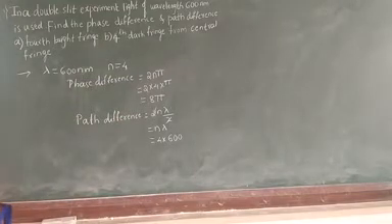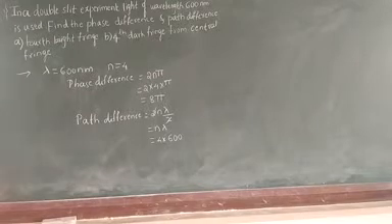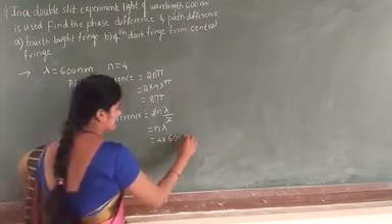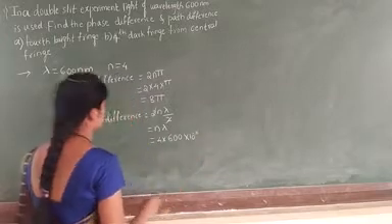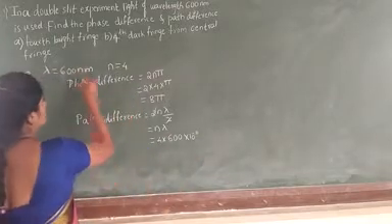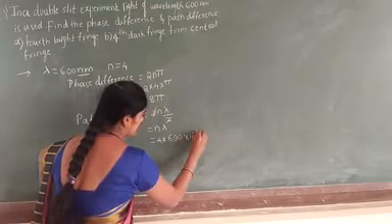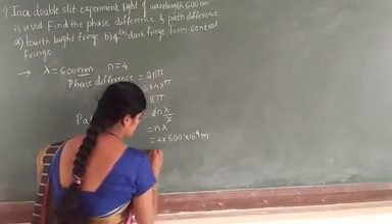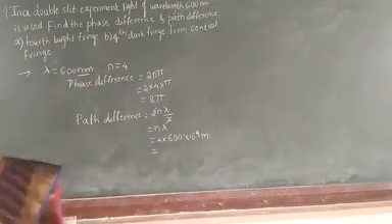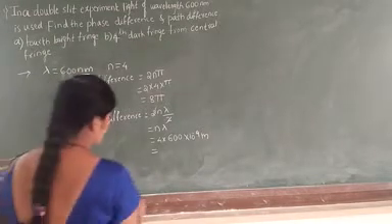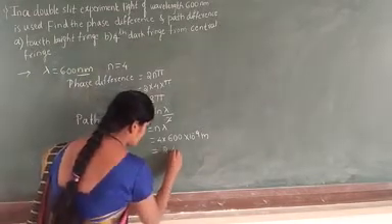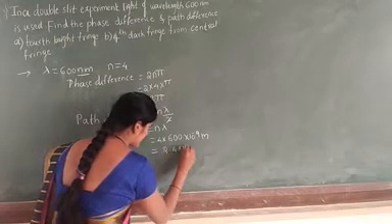In the calculation, we get the path difference as 2.4 into 10 raised to minus 6 meter, since a nanometer is 10 raised to minus 9 meter.